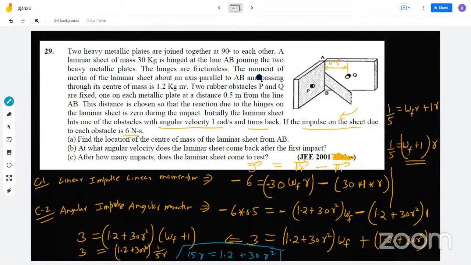So which one do we have to take here? Center of mass. Okay, which value will satisfy?